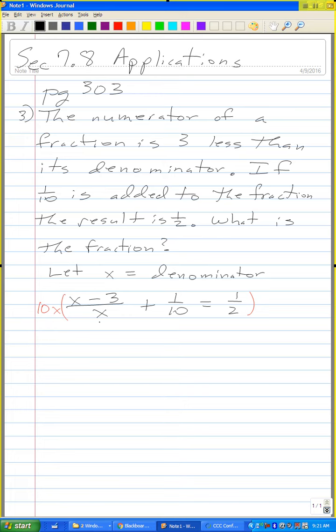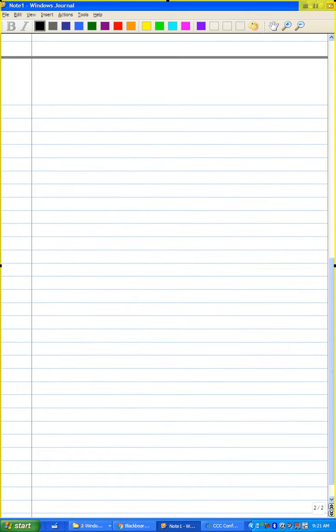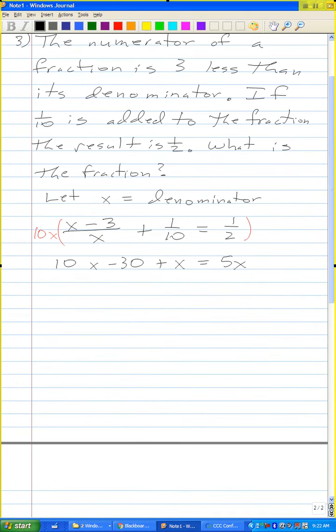The x's cancel, and so I get 10x minus 30 plus, well, the 10's cancel, so I get x equals 10x divided by 2, which is 5x. Let me combine like terms: 10x plus x is 11x minus 30 equals 5x.